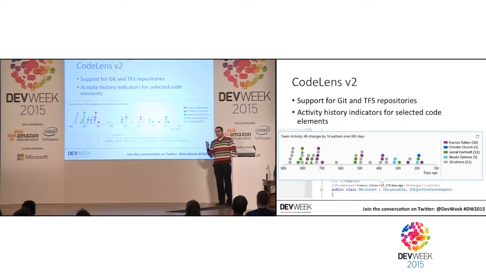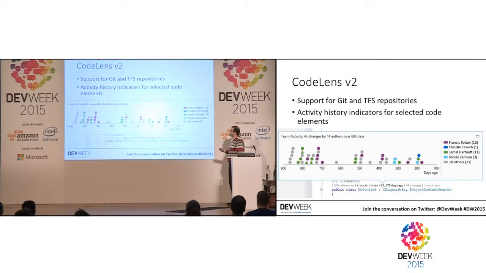Another cool feature, which was introduced, I think, in Visual Studio 2013, is Code Lens. Code Lens is these nice indicators that appear on top of various code elements, like classes and methods and fields.